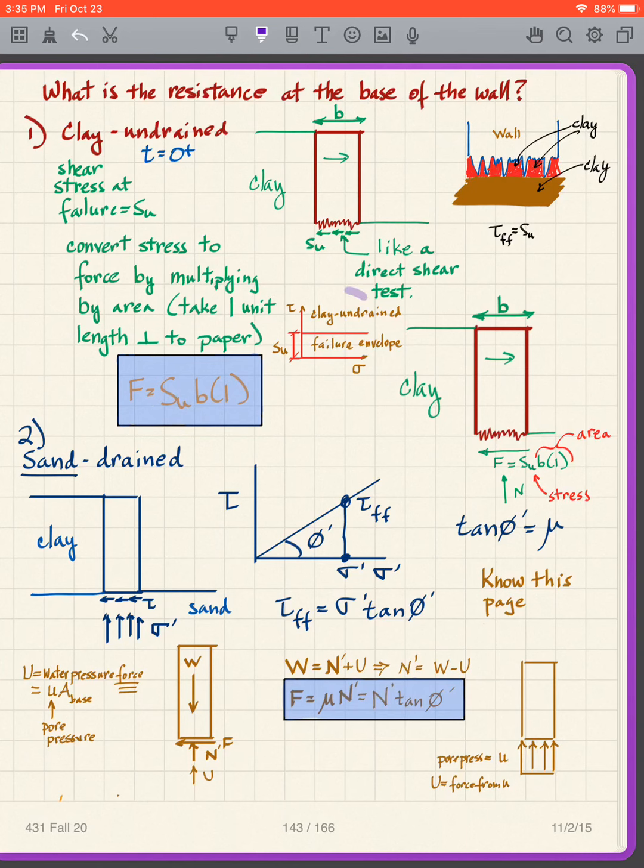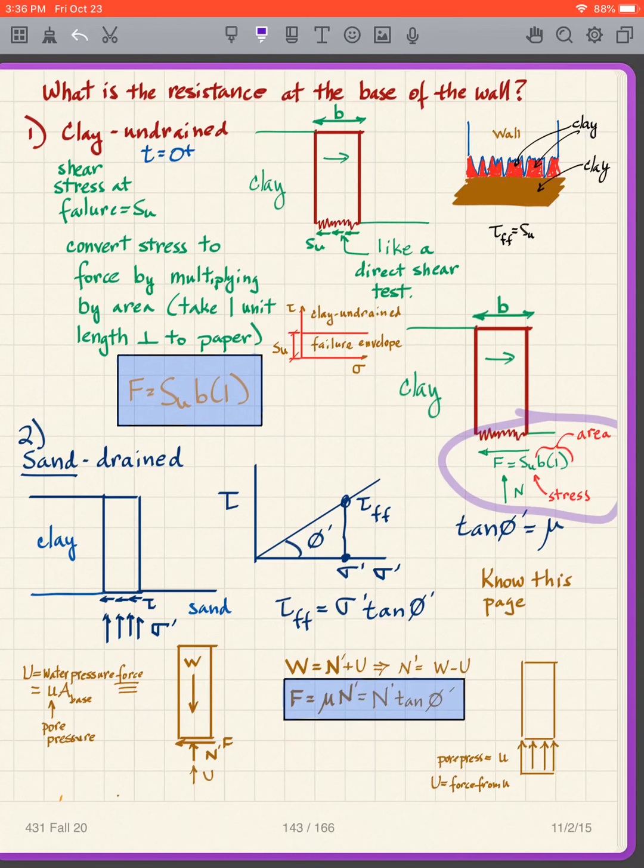And remember that our failure envelope for clay undrained looks like that, so we have to always remember that. So when I draw my free body diagram at the base of the wall, it's going to look like that.